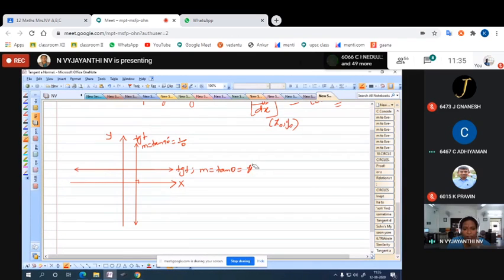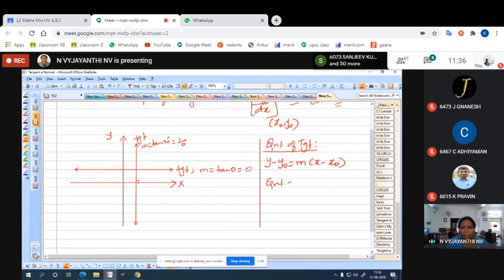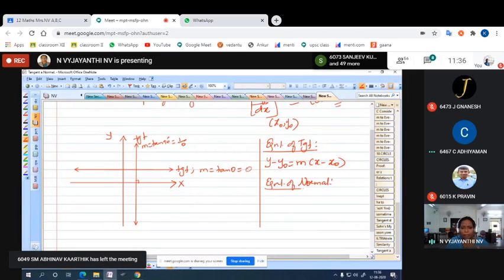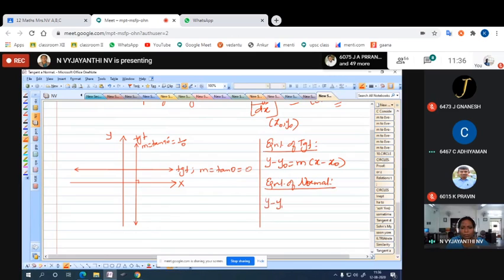So in this case, we know the equation of tangent is y minus y naught equal to m into x minus x naught. Equation of normal is y minus y naught equal to minus 1 by m.